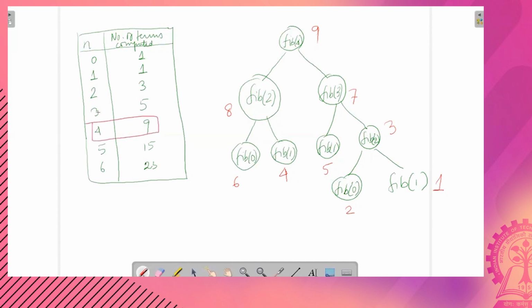So the table entries get validated in this way. Now if you look carefully at this table, there is something interesting that comes out.